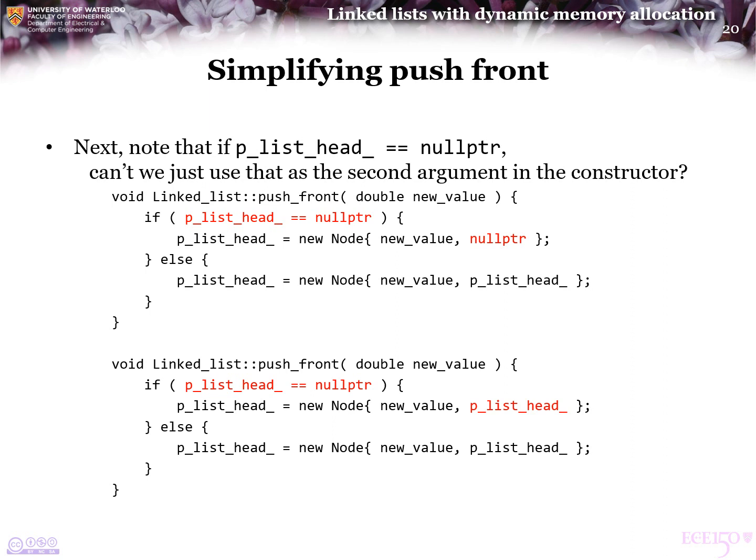Yeah, we could. So consequently, we could rewrite the consequent block of this conditional statement as simply creating a new node with a new value and the current value of pointer to list head, which is null pointer.